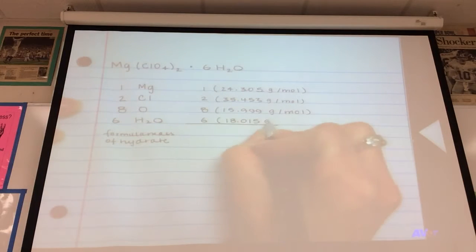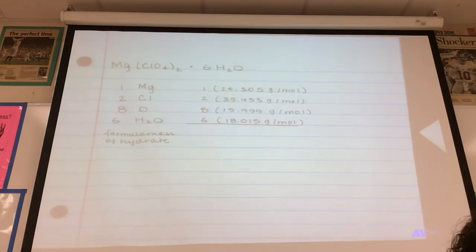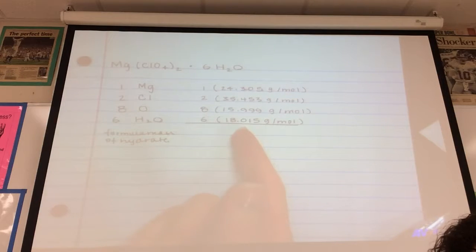If you don't know the molecular mass of water, you could figure it out, 2 H's and 1 O. But if you know the molecular mass of water, you can save yourself a step right there.